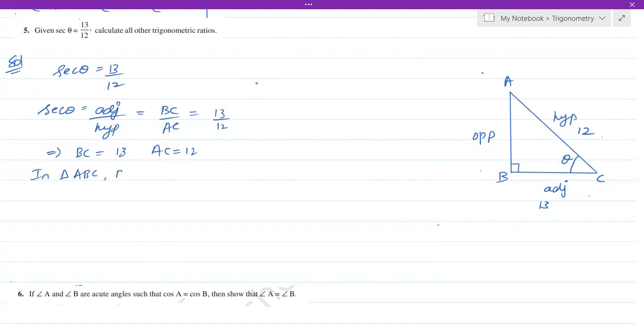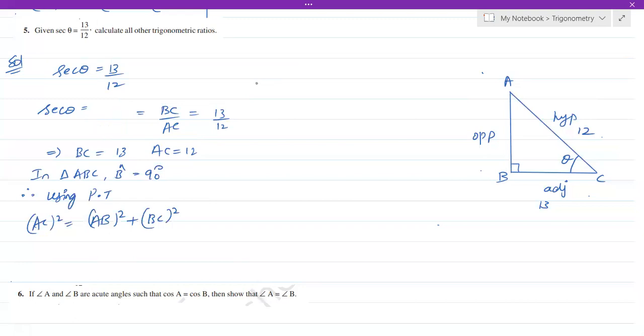So in triangle ABC, angle B is 90 degrees. Therefore, using Pythagoras theorem, AC is the hypotenuse, so AC square is equal to AB square plus BC square. Oh, I'm sorry, I made a small mistake.